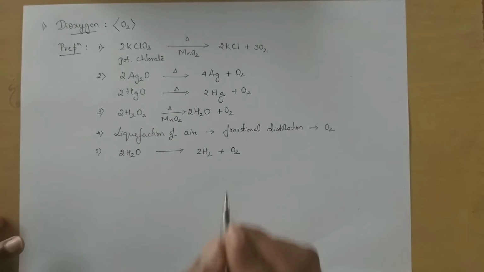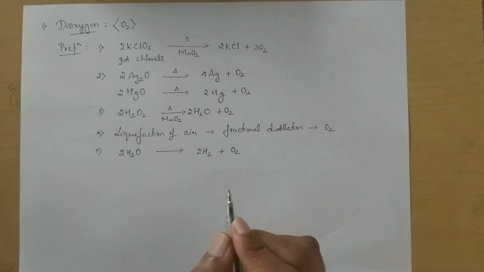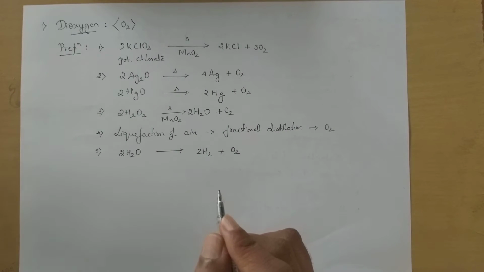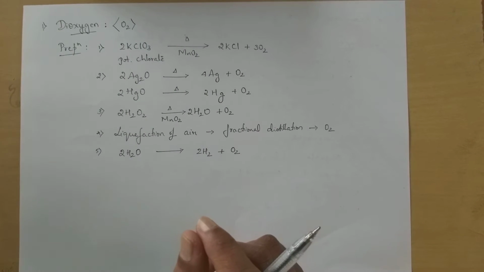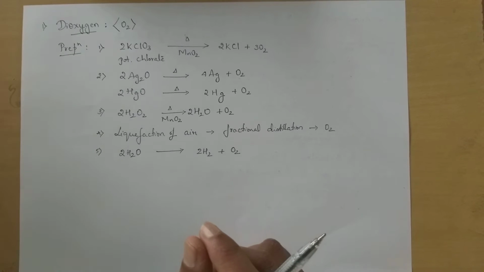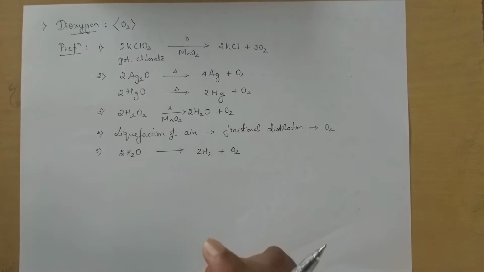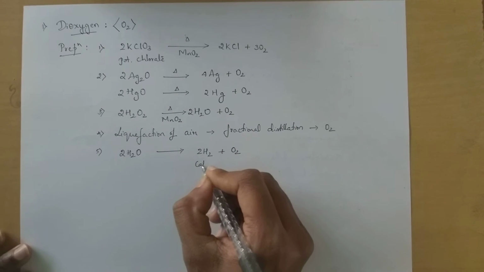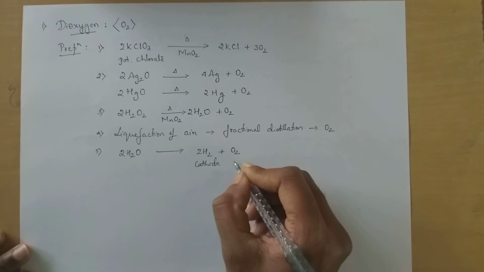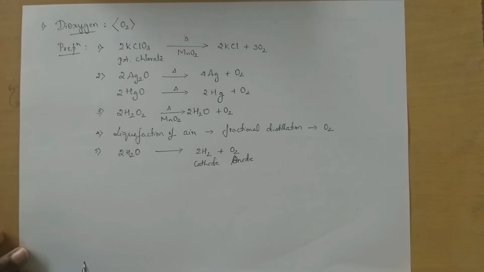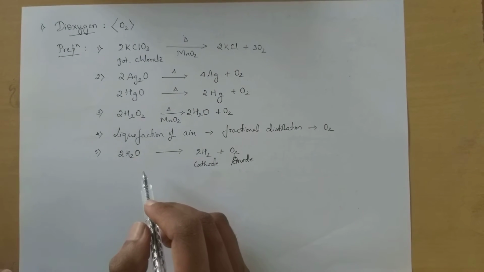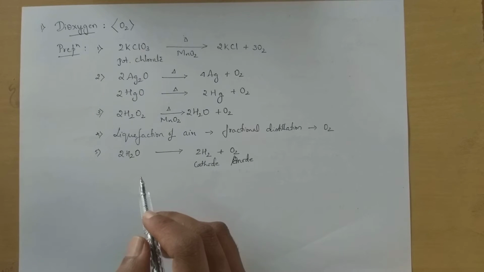Electrolysis of water takes place in the presence of a mineral acid or alkali. You know the process with cathode and anode: hydrogen is liberated at the cathode and oxygen is liberated at the anode. So by electrolysis of water we can also prepare oxygen.